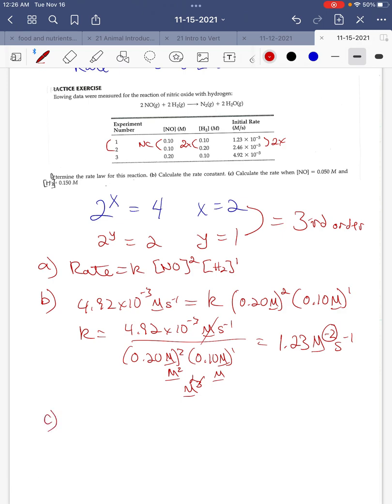So there's B and C. We're going to take 0.05 and 0.15. So rate, which is what we're trying to find, equals K, 1.23 moles per liter to the minus 2 seconds to the minus 1, times 0.05 moles per liter squared times 0.15 moles per liter to the first.